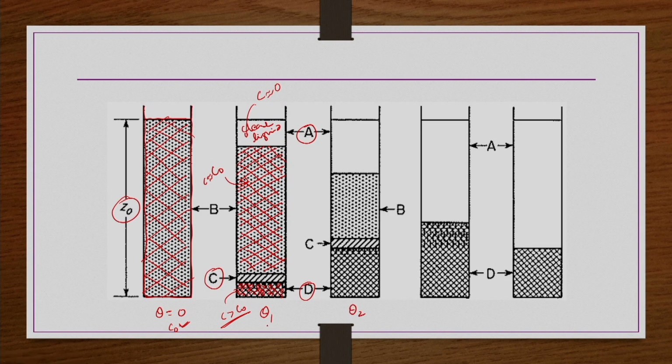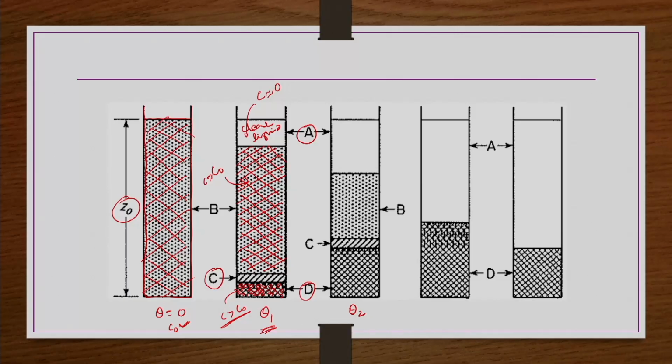Let us say the first settling time is theta 1 equals 5 minutes. After 5 minutes, if you take an instantaneous picture, you can see concentrated sludge at the bottom, and clear liquid at the top to some height of the container, with a clear interface between A zone and B zone.